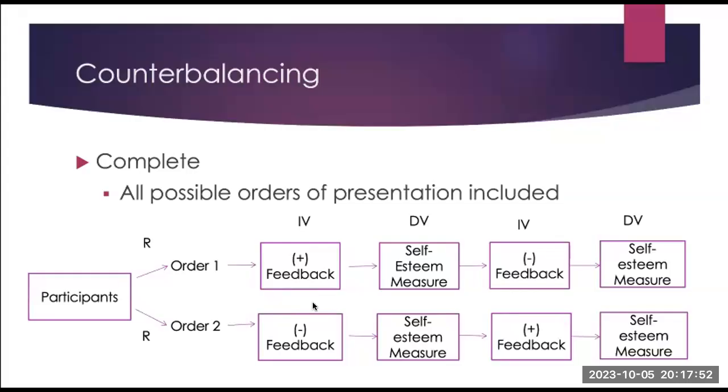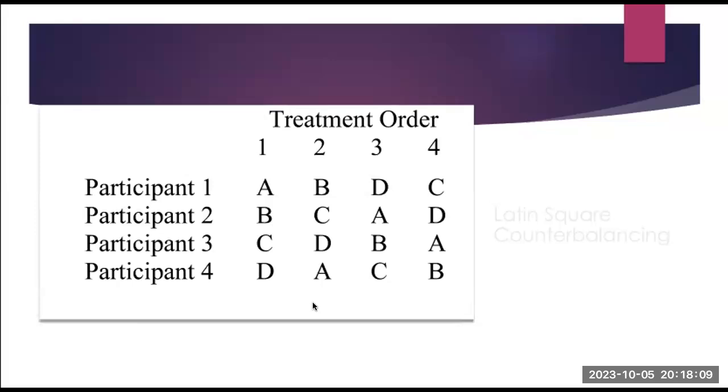When we start introducing counterbalancing, we need more participants in order to have all the different combinations addressed in terms of the different levels of your independent variable. In a Latin square design, each treatment is assigned to a different time period, the same number of times for each subject.